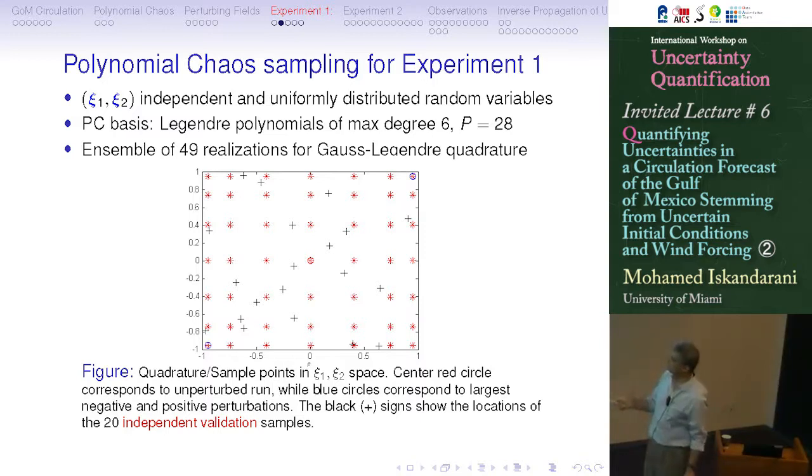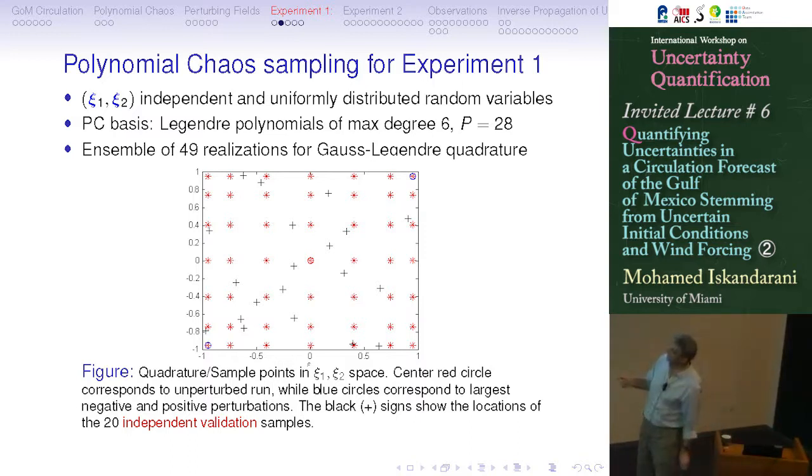If I multiply by -1, I'm putting the perturbation in the other directions. I'm going to show you these three extremes. We had to sample on the red stars, and the black stars are essentially independent validation points. I'm going to use them to make sure that my series is reliable.